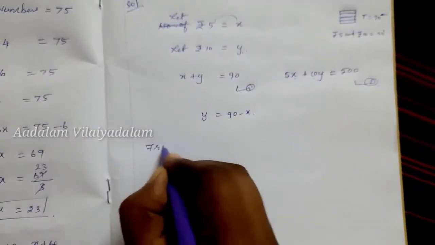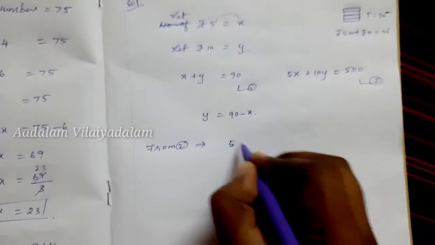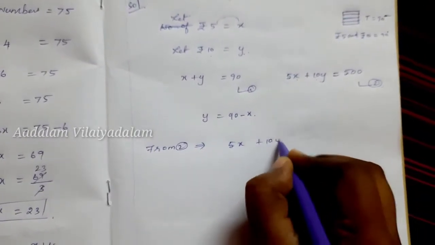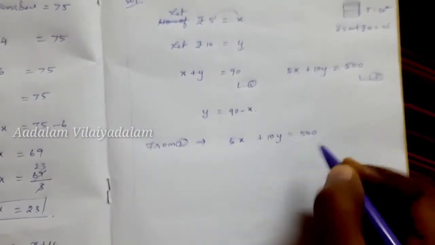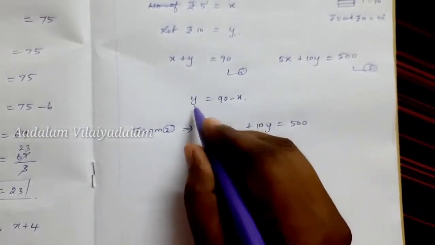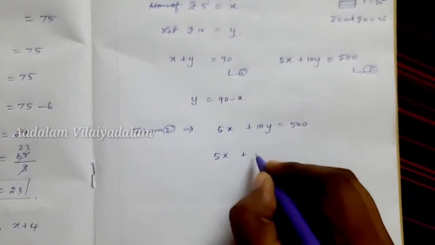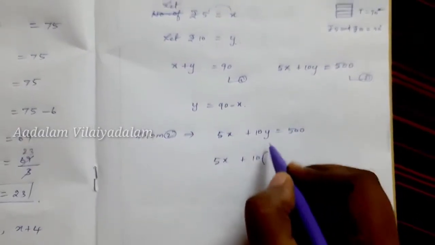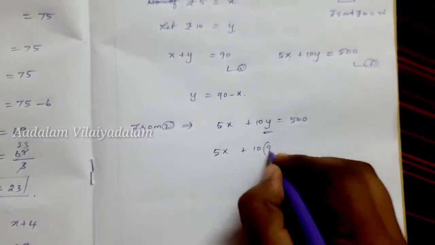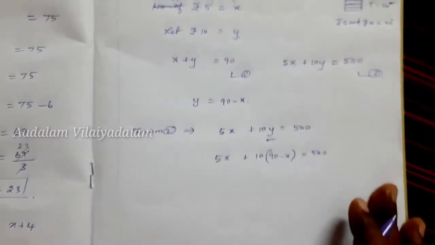So from 2 we substitute 5x plus 10y equal to 500. Then instead of y we substitute this value. Therefore 5x plus 10 into (90 minus x) equal to 500.